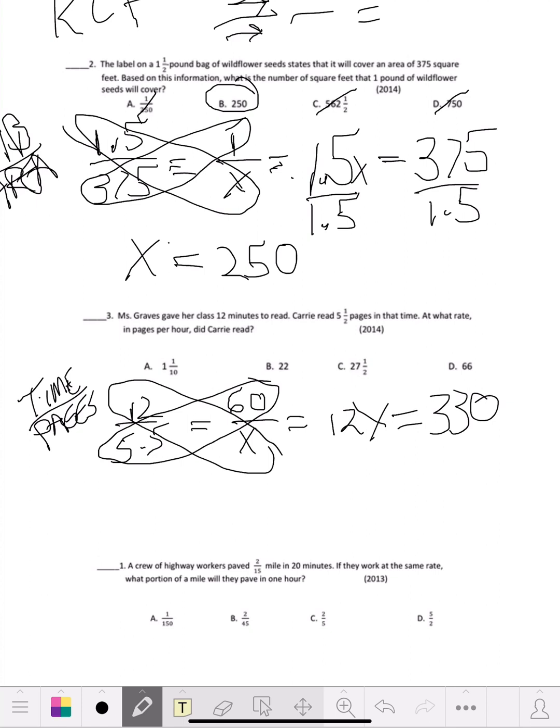Remember how we did that before? It's 12 times x, so the inverse of multiplication is division. We divide both sides by 12. These two 12s cross out. So x equals 12 goes into 330. According to my calculator, it's 27.5.